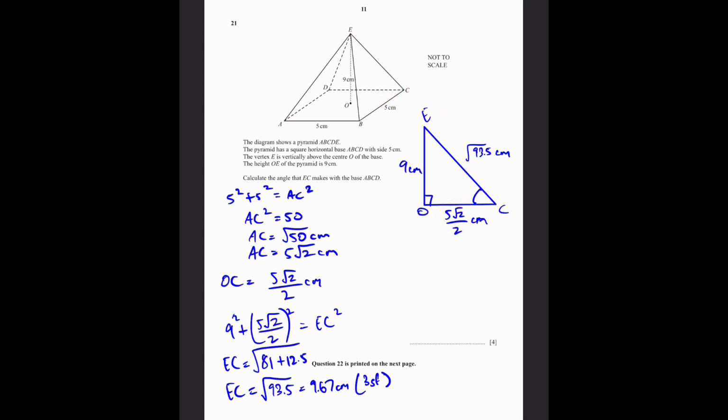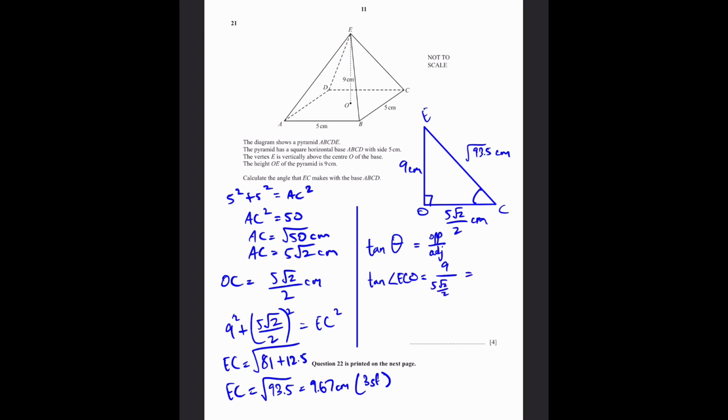And if you want to use tan formula, which I'll be using now, tan theta equals opposite by adjacent. I'll just draw a line here. Tan angle ECO is equal to opposite 9 by adjacent 5 root 2 by 2.